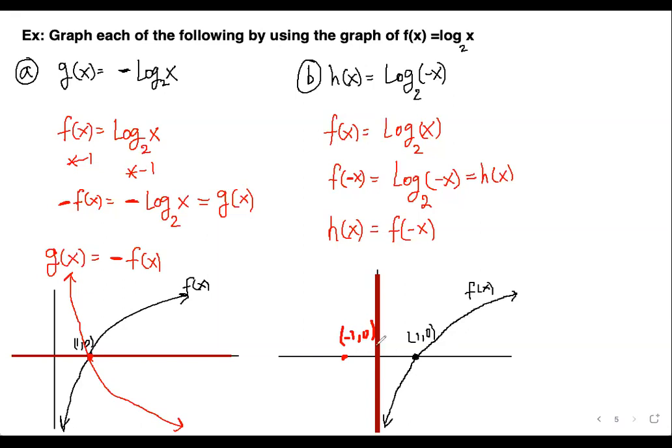Now all these points must be reflected like this, and the points here must be reflected like this. So this is the graph of the function h of x.